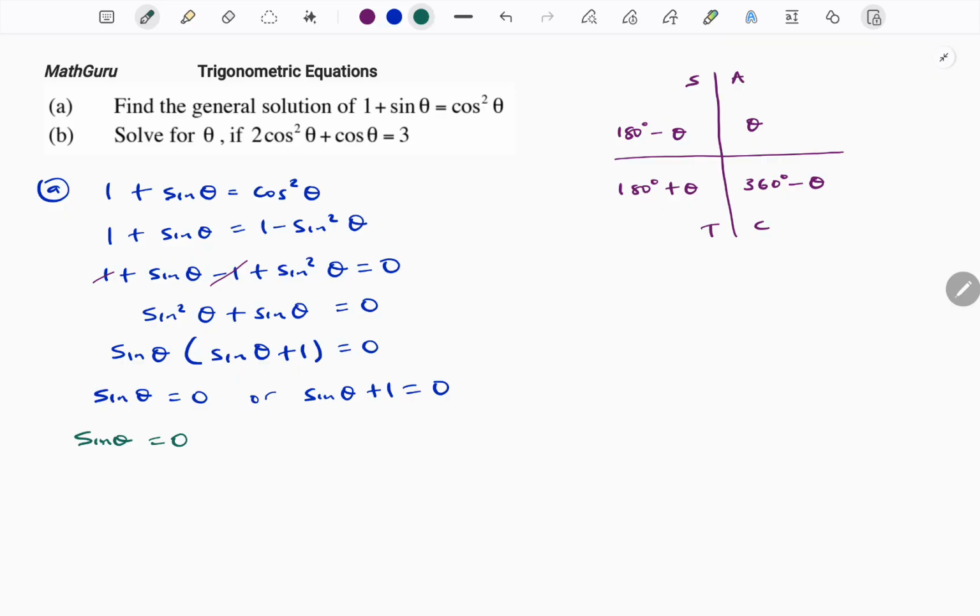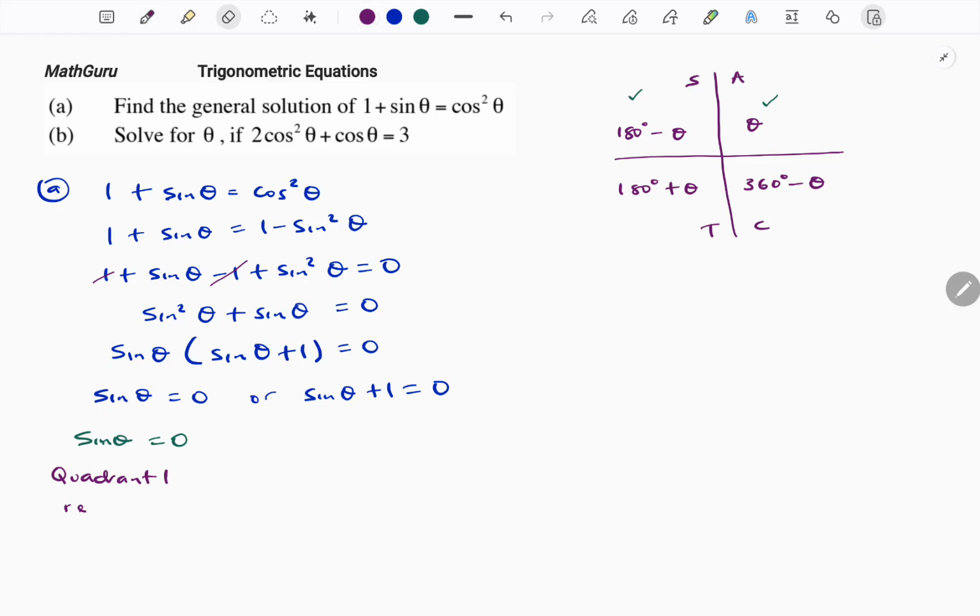equals 0, I'm going to treat 0 as a positive value. And if I go back to my CAST diagram, sine is positive in the first quadrant and in the second quadrant. So starting with quadrant 1, I have my reference angle.